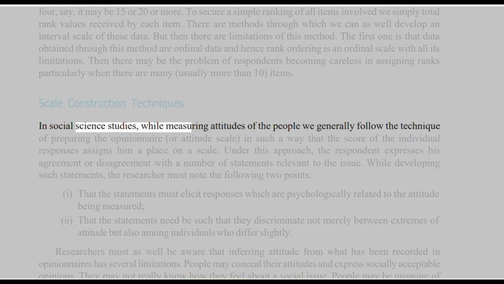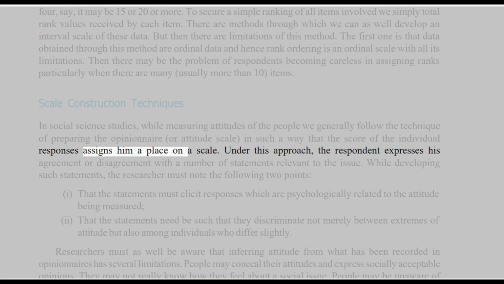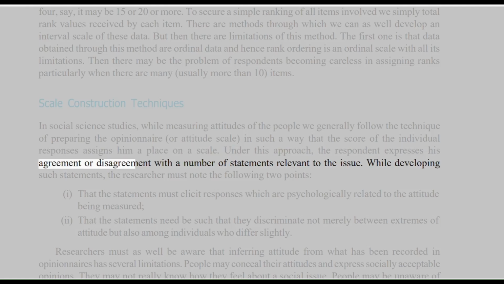Scale construction techniques. In social science studies, while measuring attitudes of the people, we generally follow the technique of preparing the opinionaire or attitude scale in such a way that the score of the individual responses assigns him a place on a scale. Under this approach, the respondent expresses his agreement or disagreement with a number of statements relevant to the issue.